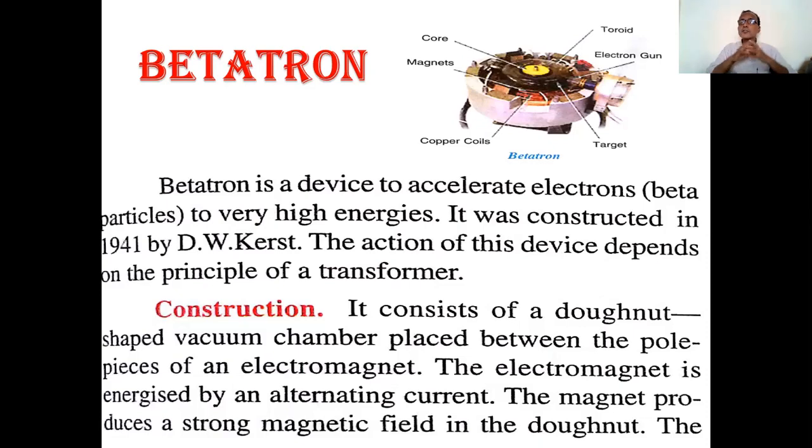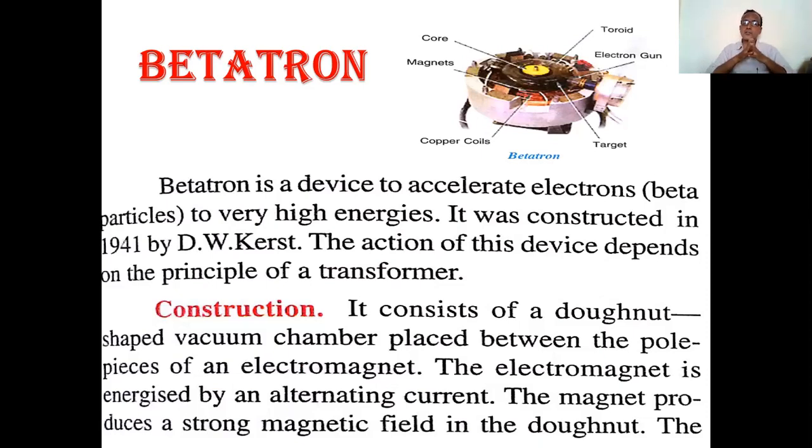So such a question may be asked as an MCQ: the particle accelerator that works on the principle of a transformer is linear resonance accelerator, cyclotron, synchrocyclotron, or betatron. Or by twisting the question, it may be asked in the examination.